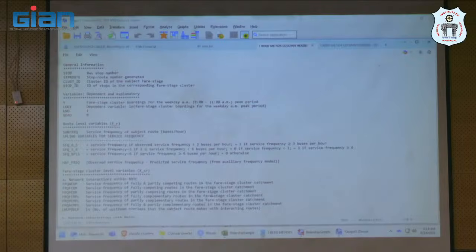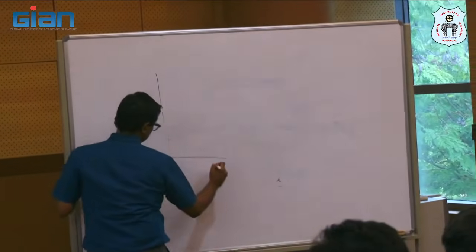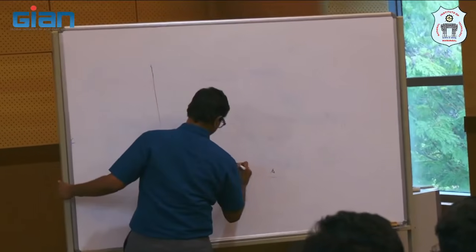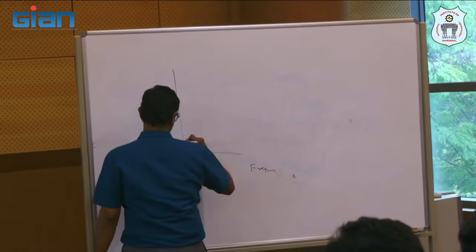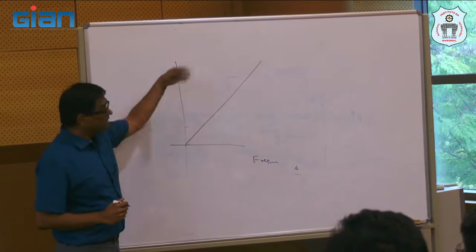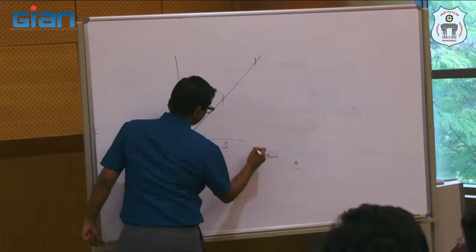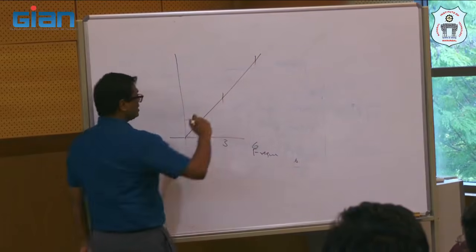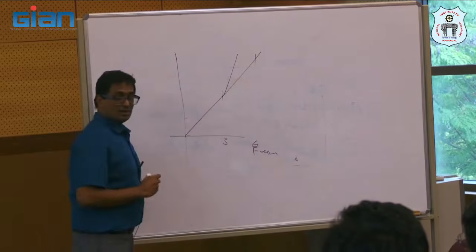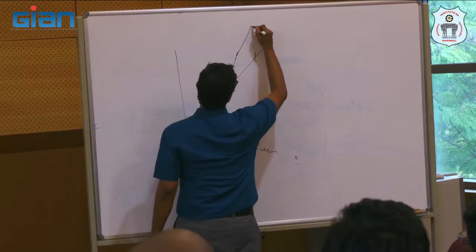So the way it's characterized, let's say this is the frequency. If frequency increases, you are increasing the rate. But what I'm saying is, at 3 and at 6, this slope can change. Maybe it goes up like that, up to 6, and then maybe it levels off.